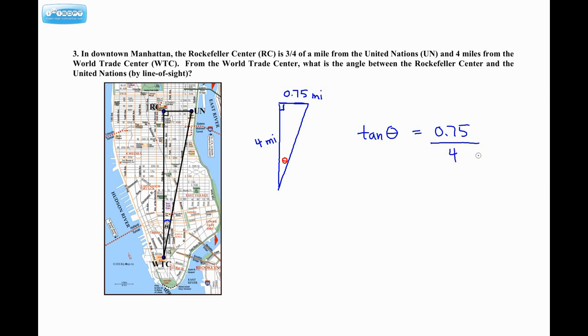Okay. Now if you were to work this out as a decimal, that's actually no problem. You're not going to get something long and ugly. So this time I'll work it out. Why not? There we go. So if the tangent of my unknown angle is this number here, I need to go backwards and figure out what angle will give me this result. So we use inverse. So that means theta is the inverse tangent of this number.